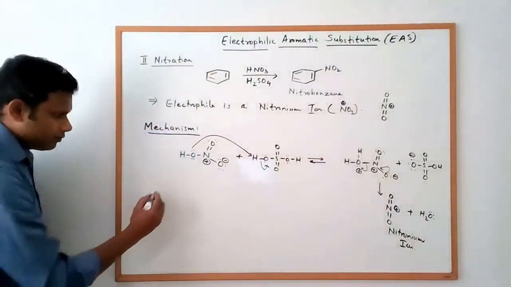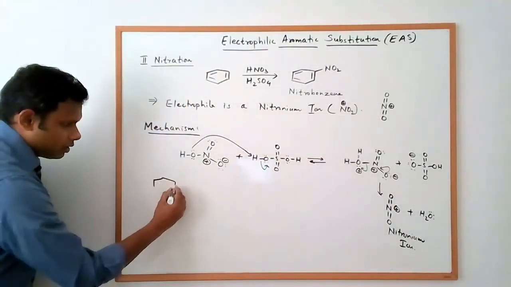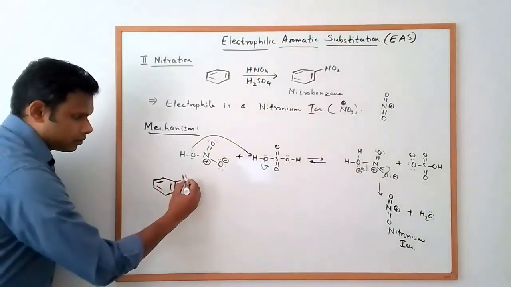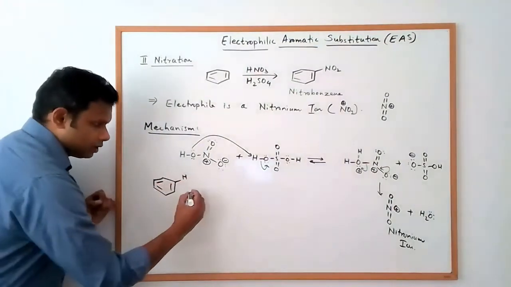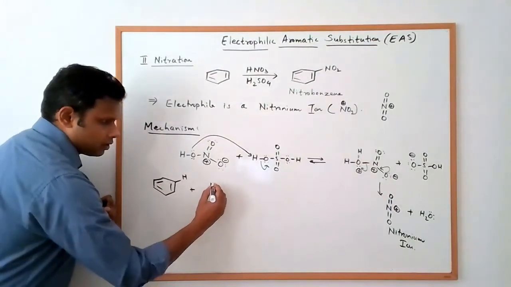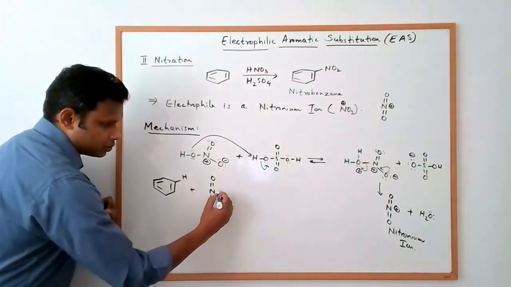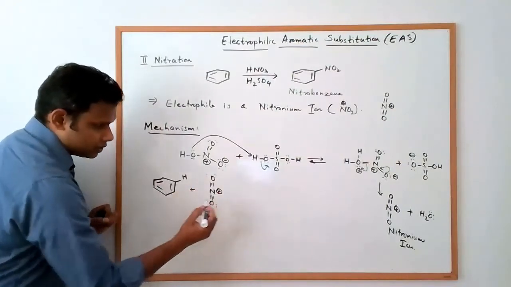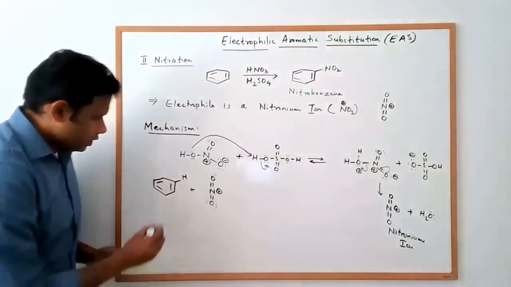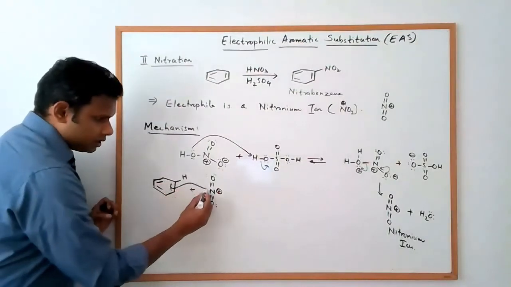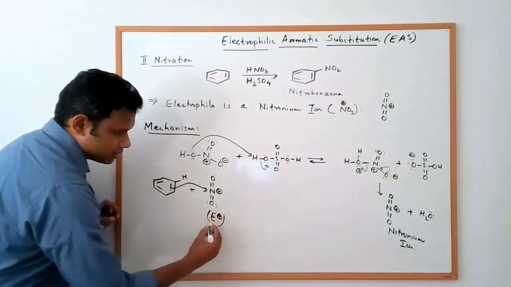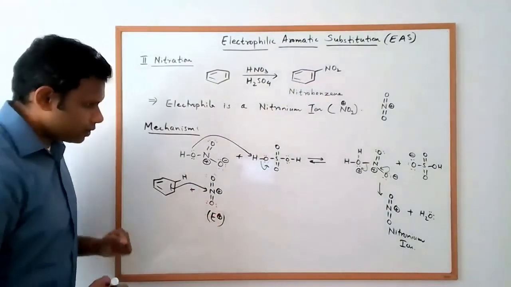And so once we have the nitronium ion, then benzene or another aromatic compound can react with it. So both of these oxygens have 2 lone pairs each. The pi bond on the benzene is going to do an attack on the nitronium because this is our electrophile for the reaction.